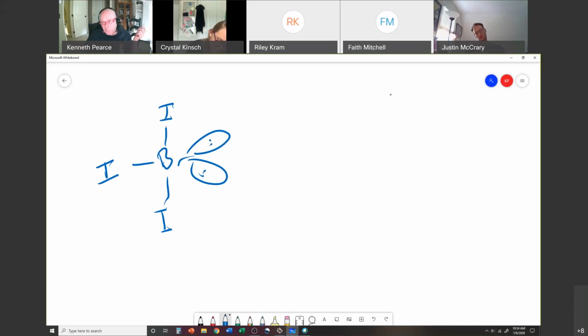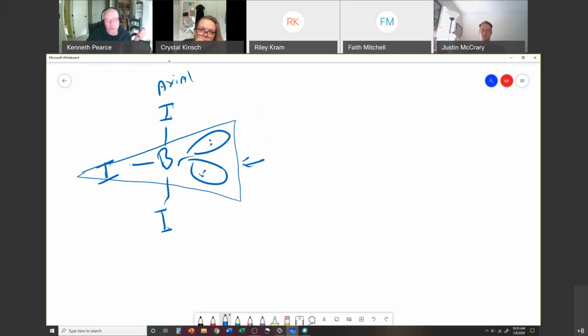This is another one, where you've got 3 iodines joined up with a bromine, and you've got these 2 lone pairs off to the side. I'm just saying this is a hypothetical, and I'm going to show you there's a table, but I'm just showing you some examples. If you look on the plane here, there's an equatorial part and then there's an axial part. So this is axial, this is equatorial, because it's on the equator.